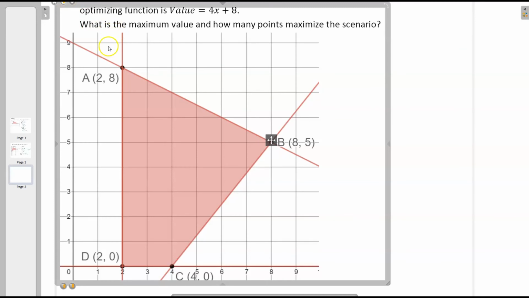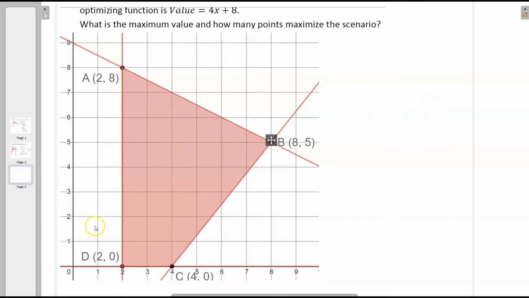In question 3, we're asked again, what is the maximum value and how many points maximize this scenario? And they give us an optimizing function here of value equal to 4x plus 8. So again, we've got this time 4 vertices. Step 1 is to go ahead and calculate the value of the optimizing function at each of those vertices.